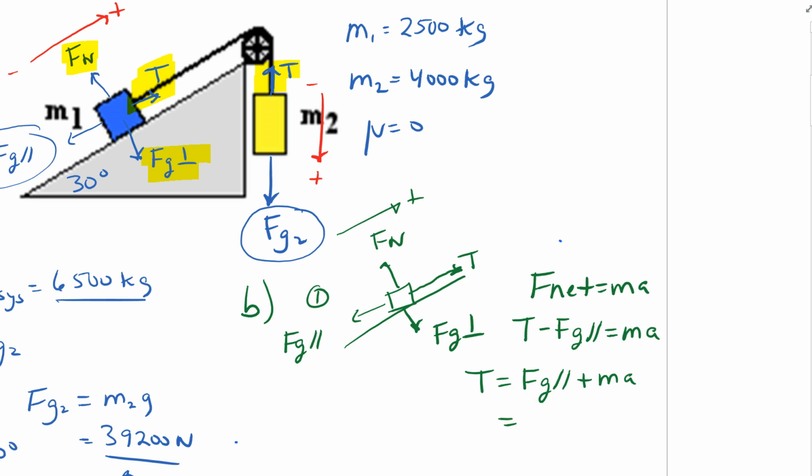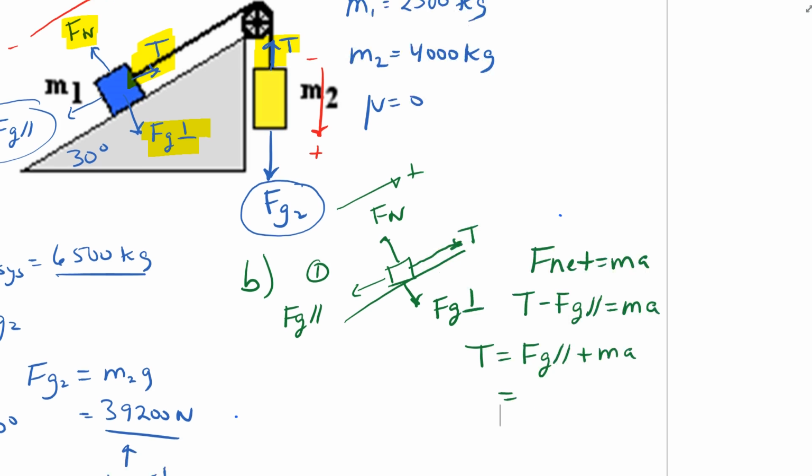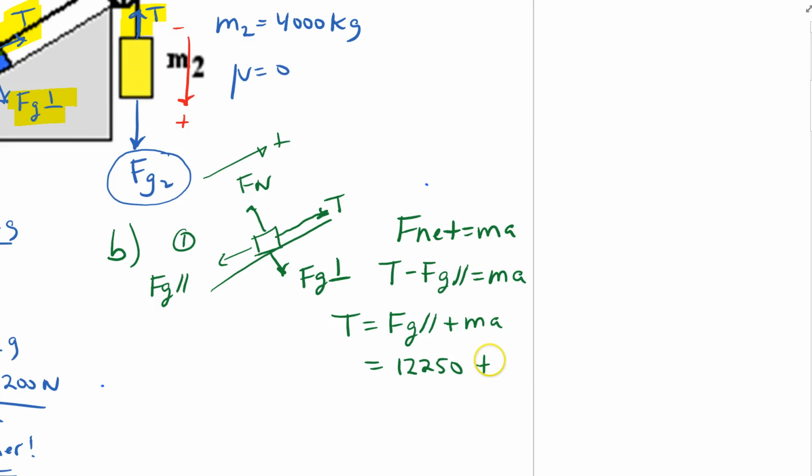FG parallel we already figured out was 12,250, plus the mass, 2,500, times my acceleration, 4.15. Putting those all together, I get 22,615 newtons.